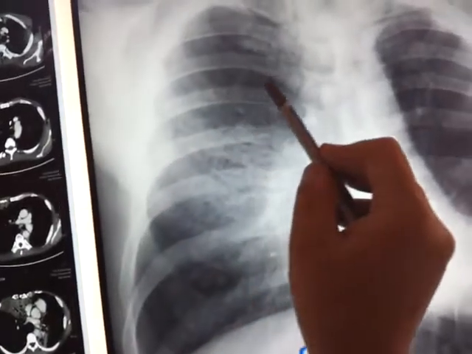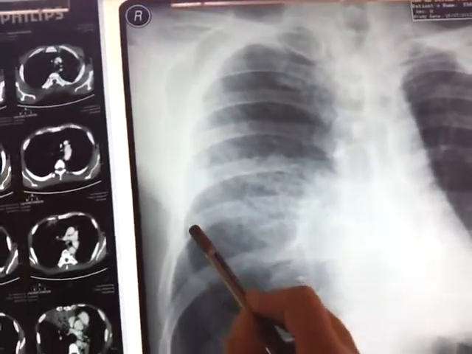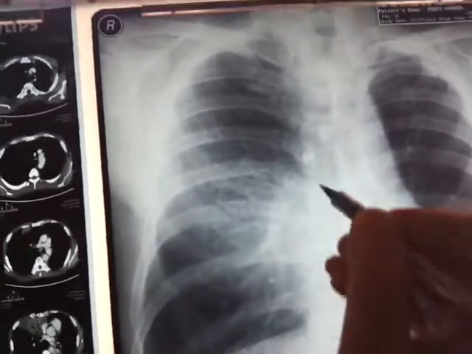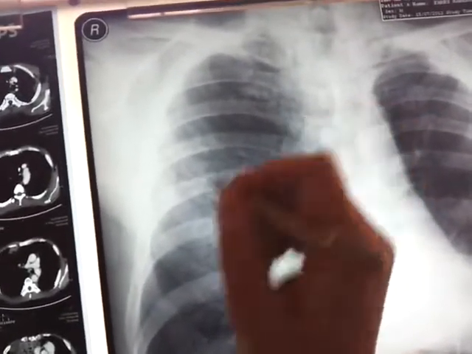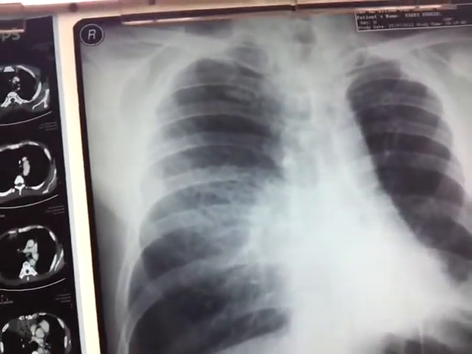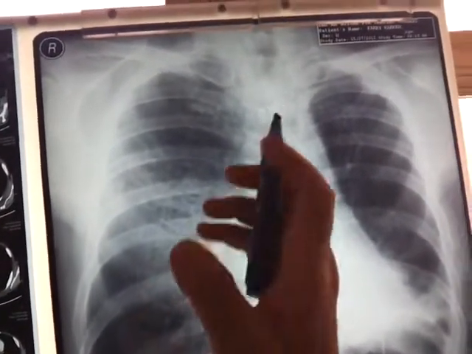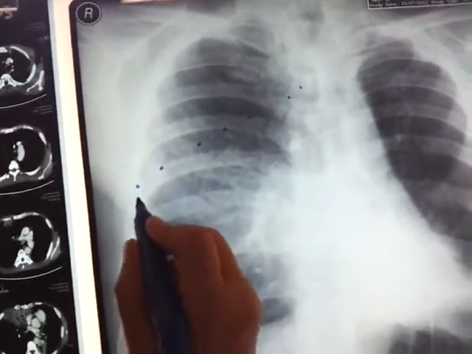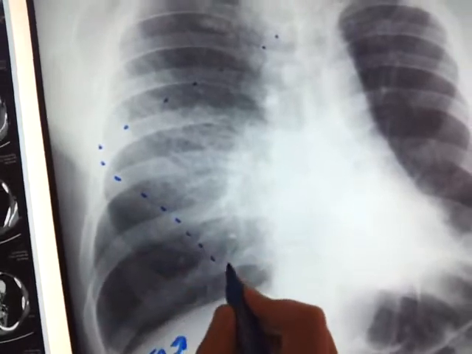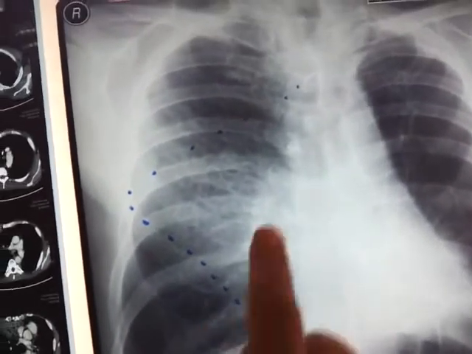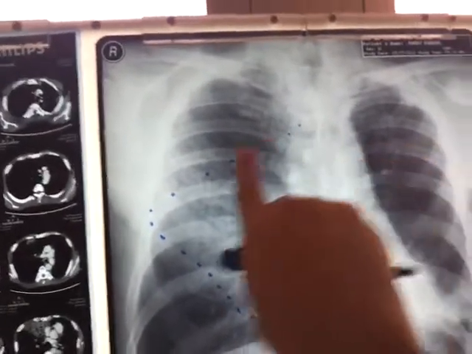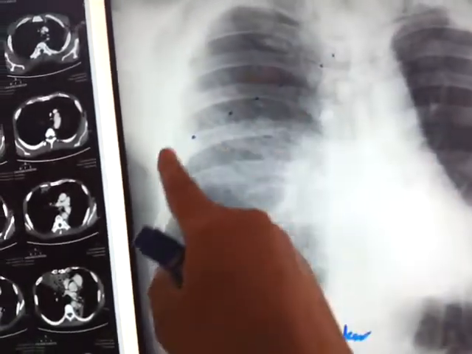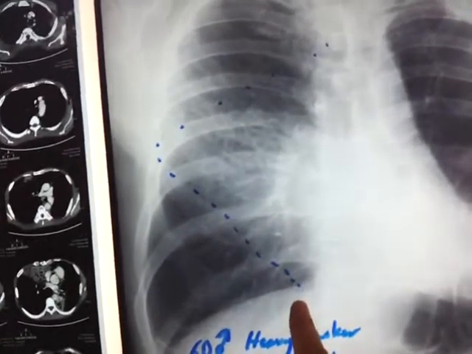This is an imaginary oblique fissure. From D4 till the axilla and back to the heart, this is considered to be the oblique fissure.